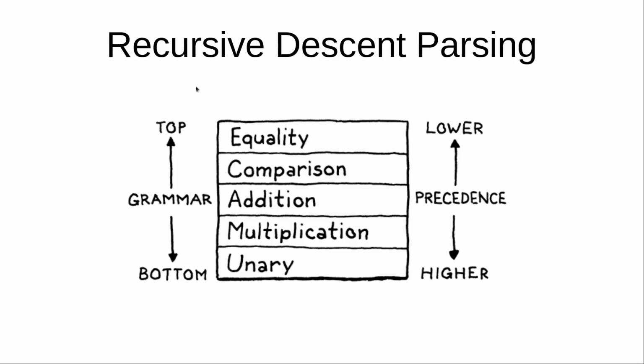Now we're doing top-down parsing. It's the simplest way, and we don't need any complex tools, so we can code this all on our own. With recursive descent parsing, this top-down parsing, we're starting from the outermost grammar rule, and we're working our way down. So we're going top to bottom, and this means we're going from a low precedence to a higher precedence.